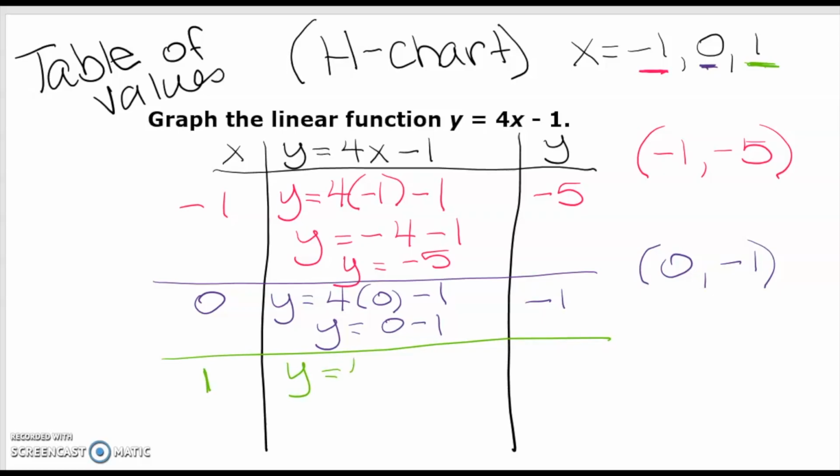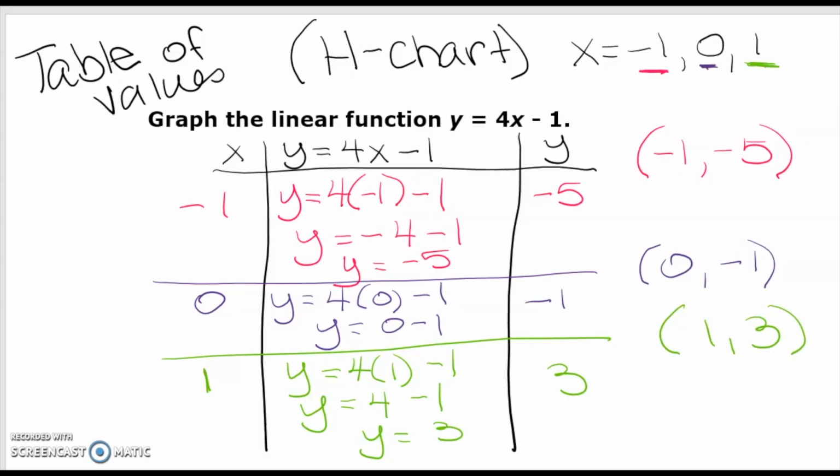So y equals 4 times 1 minus 1. 4 times 1 is 4, and 4 minus 1 is 3. So my last ordered pair is 1, 3. So now what we're going to do is we're going to put a coordinate plane up here, and we're going to graph these 3 points.